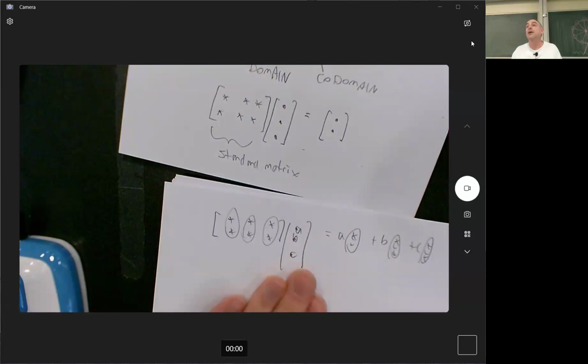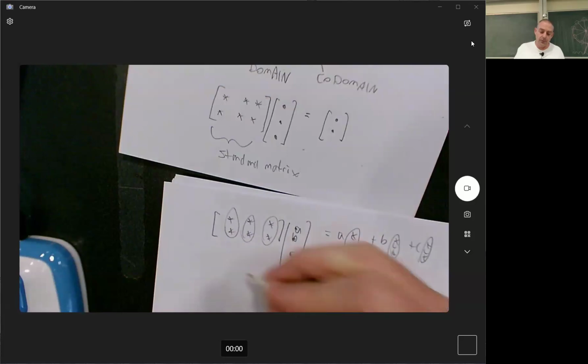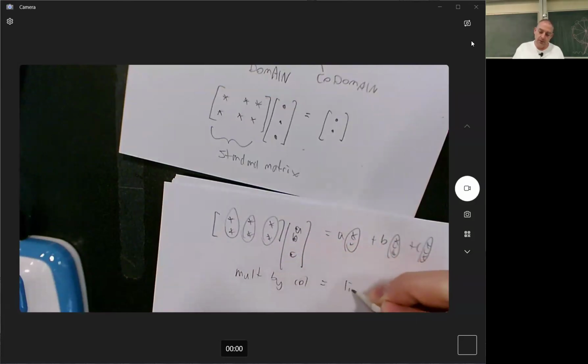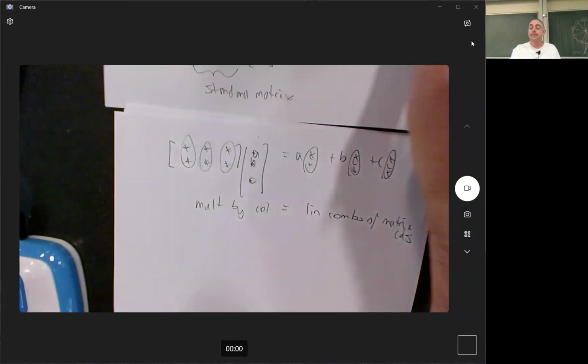That's what matrix multiplication does. That's one of the ways of thinking about matrix multiplication. That multiplying by a column does a linear combination of the columns. Matrix times column equals linear combo of matrix columns. That's a useful thing to think.